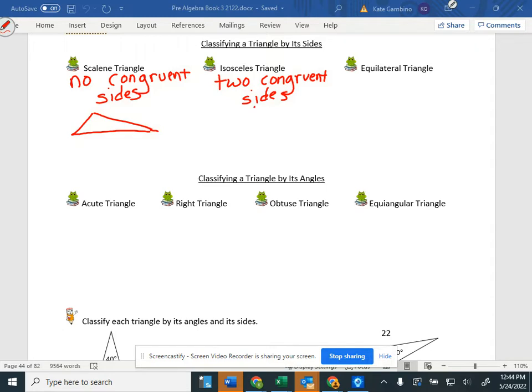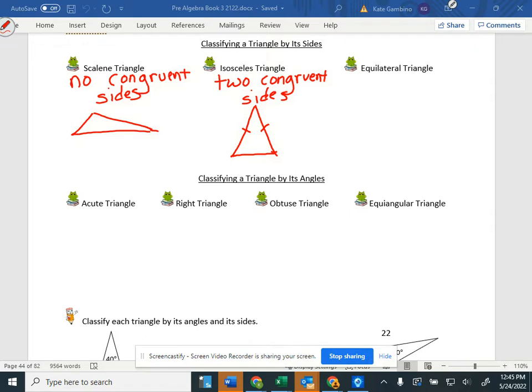So if we're going to draw it, what important thing do I need to put on it? The hash marks, to show that they are congruent sides.